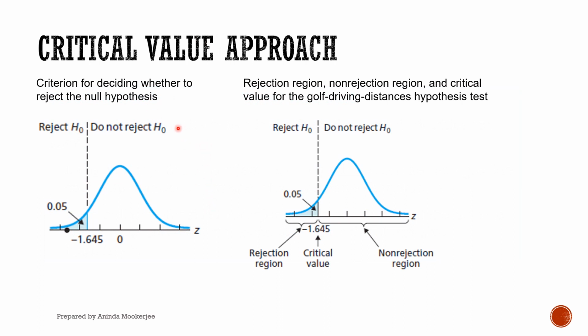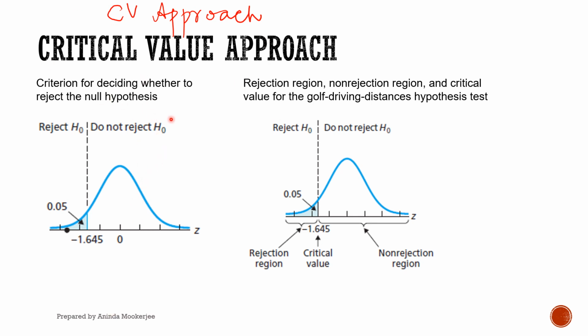Now, there are two approaches to performing a hypothesis test. The first one is the critical value approach, and the other one is the p-value approach. We will learn about that a little later, but first let's talk about the critical value approach, which is also in short referred to as the CV approach. All right.